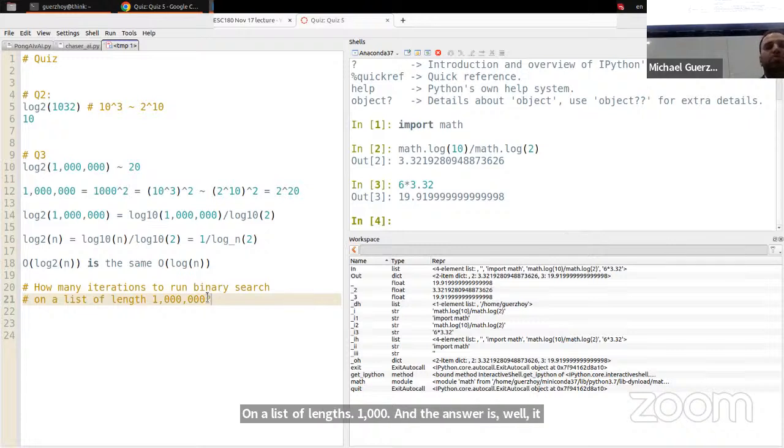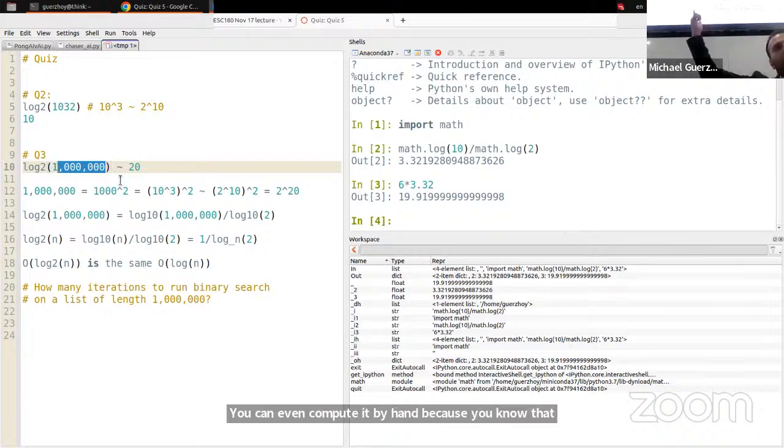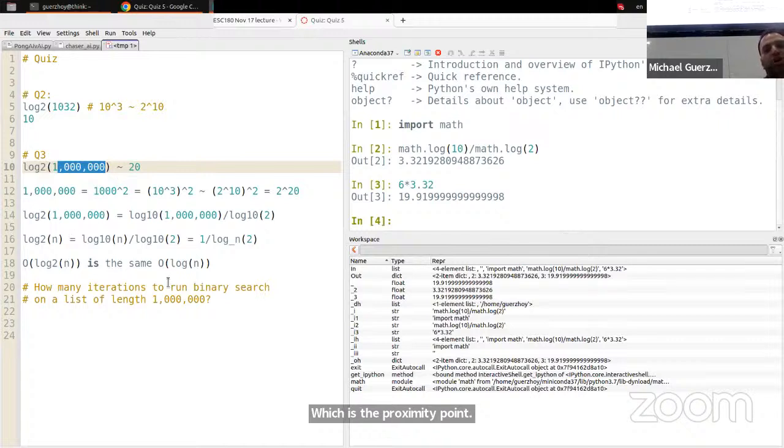So what's log 2 of 1 million? Well, it's about 20. How do you know? You can even compute it by hand because you know that log 2 of 1 million is just 6 times 3.3, which is approximately 20. When we write in big O notation, we don't care about the multiplicative constants. We just say binary search is O of log n. Are there questions about this?